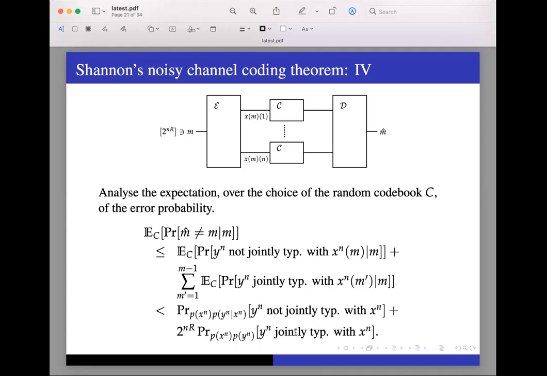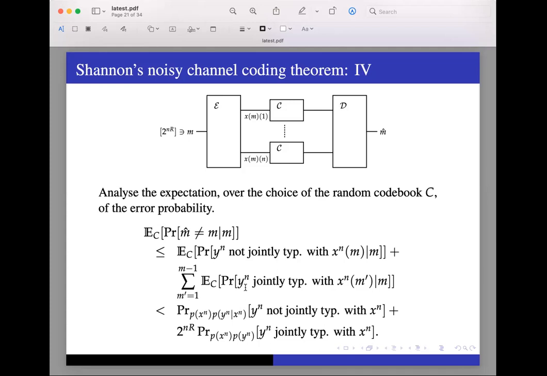So why is that the case? What is the probability distribution on xn of m prime? Remember, the code book is chosen randomly. So this probability distribution is nothing but choosing a random sample from X to the power n, so that is P_X to the n. Now remember, yn is the output of the channel. So yn is expected to be jointly typical with xn of m.